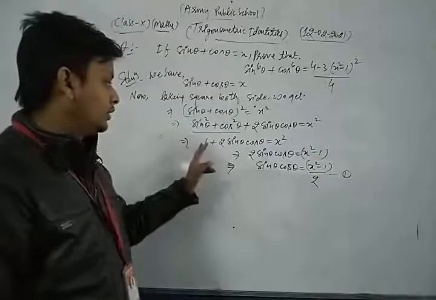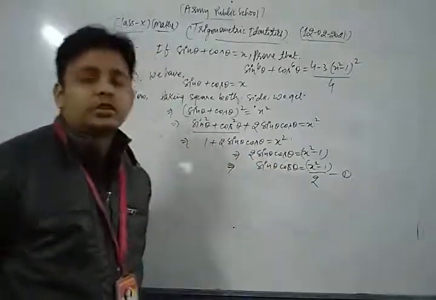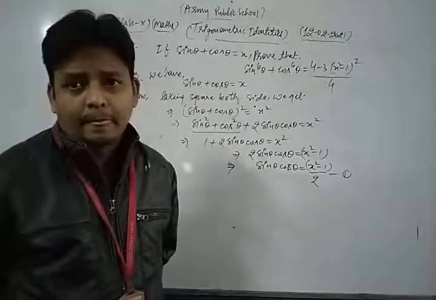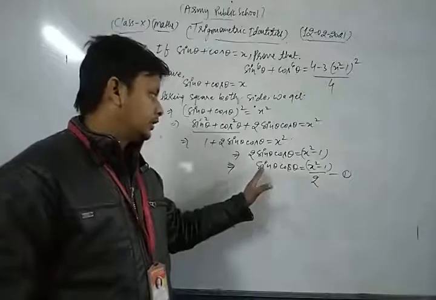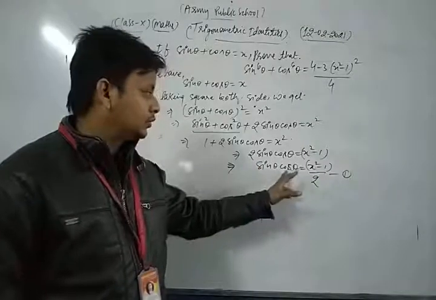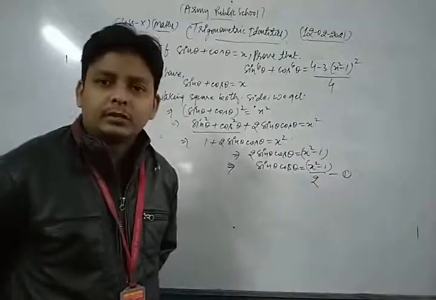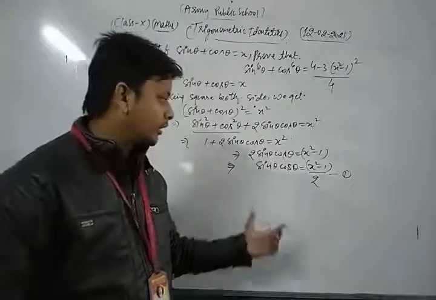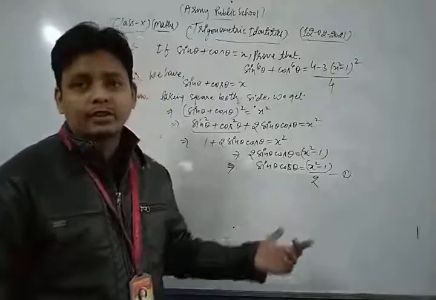Now we transfer 1 that side, so we get 2 sin into cos is equal to x square minus 1. Now we transfer 2 that side, that is sin theta into cos theta is equal to (x square minus 1) upon 2. In this way we get a relation: sin into cos is equal to (x square minus 1) upon 2.